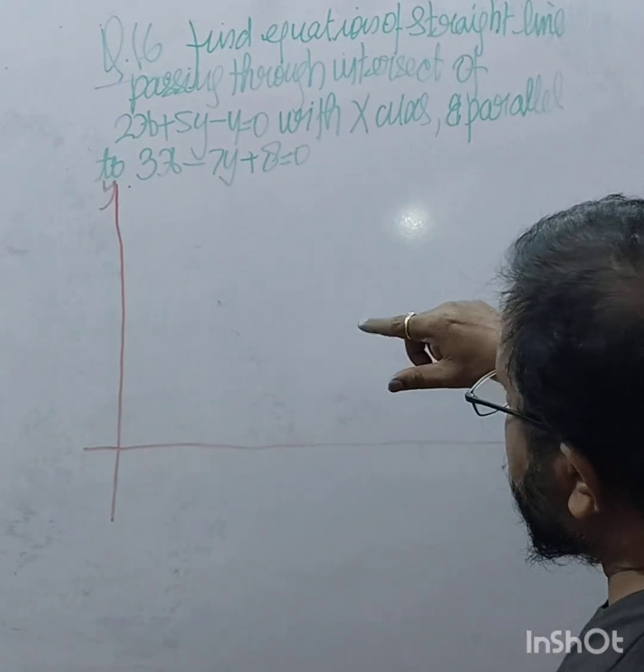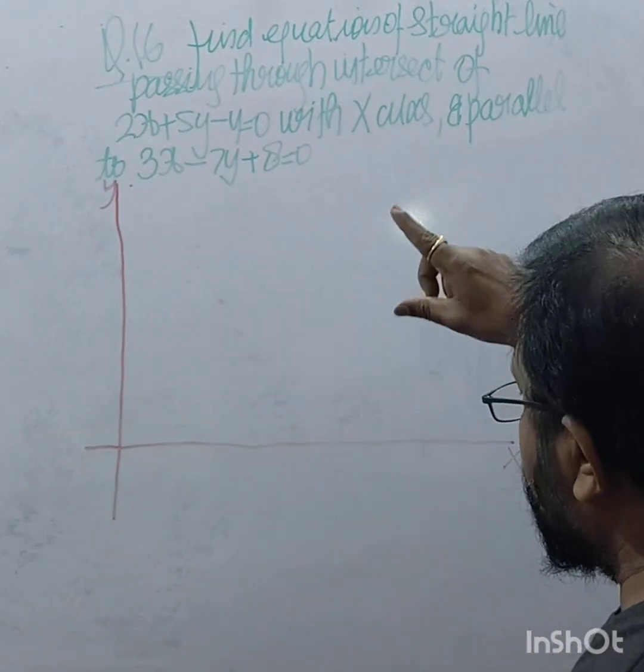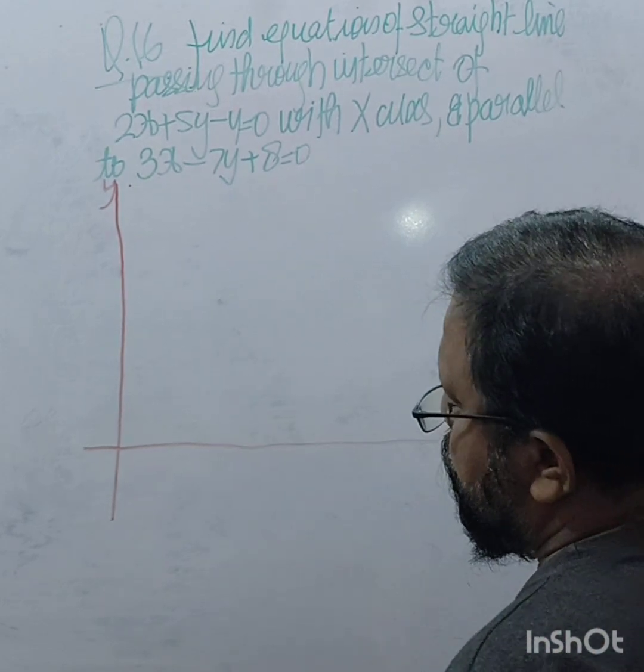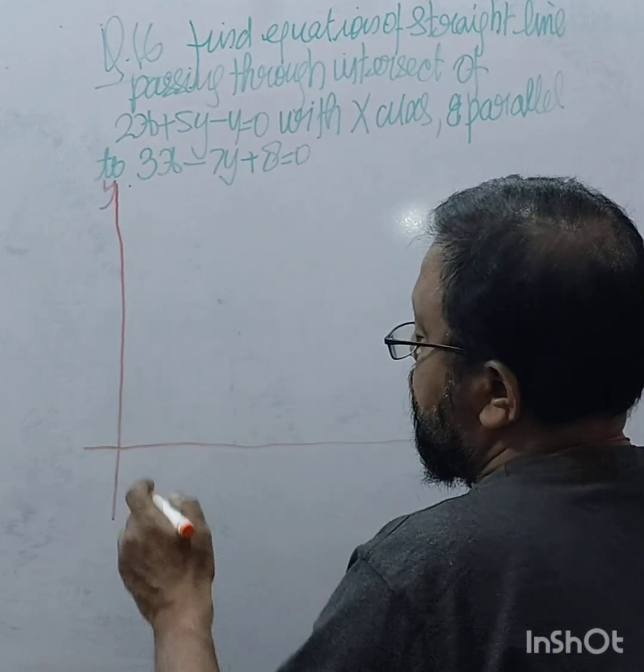Find the equation of the line passing through the intersection of the x-axis.